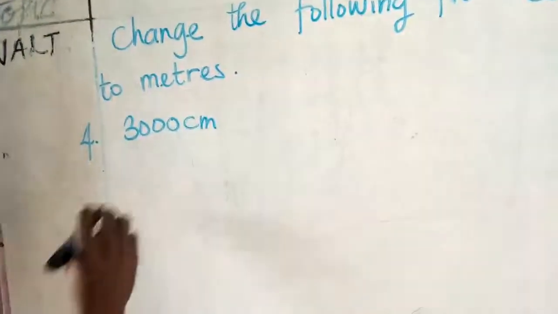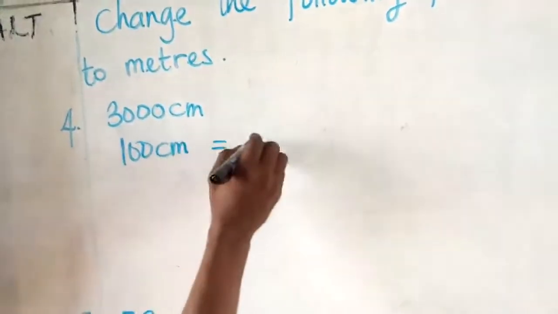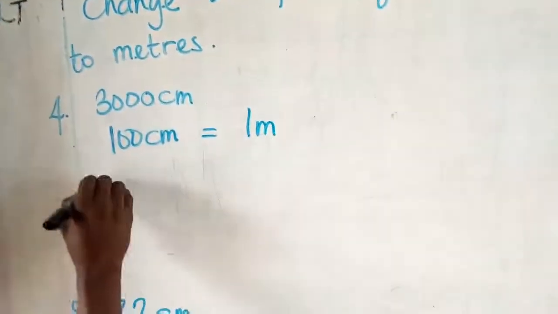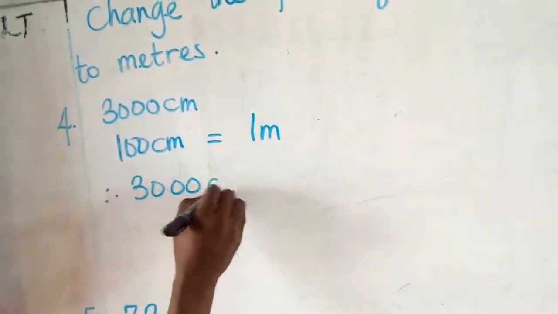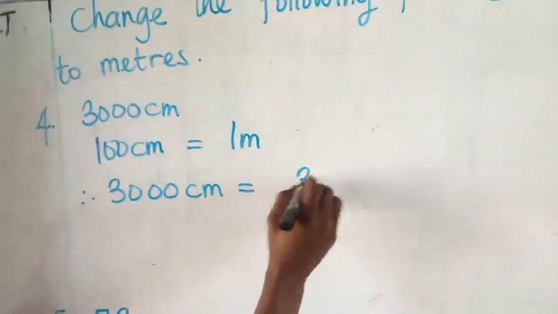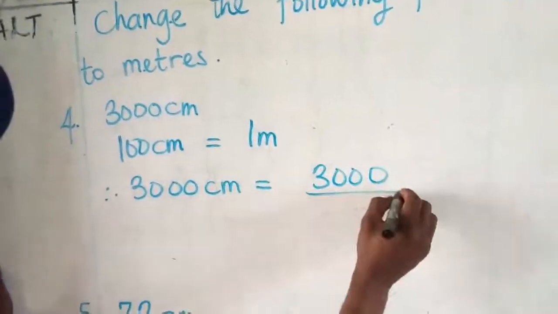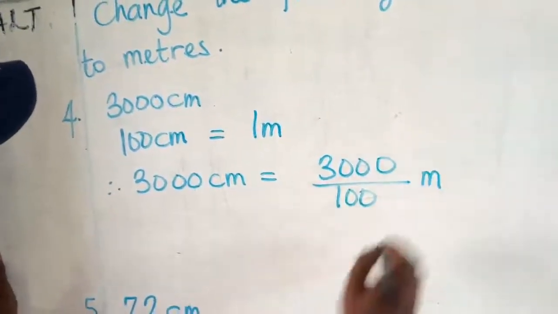So example 4 here says change 3000 centimeters to meters. Do not forget your conversion factor. 100 centimeters equals 1 meter. Therefore, 3000 centimeters is equal to 3000 divided by 100. Now your answer is going to be in meters.